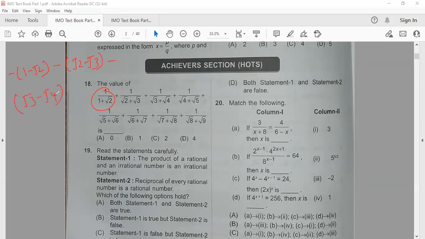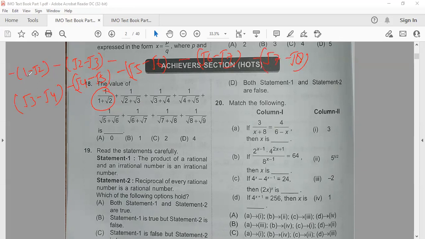In this way the process goes on: minus root 4 minus root 5, minus root 5 minus root 6, minus root 6 minus root 7, minus root 7 minus root 8.